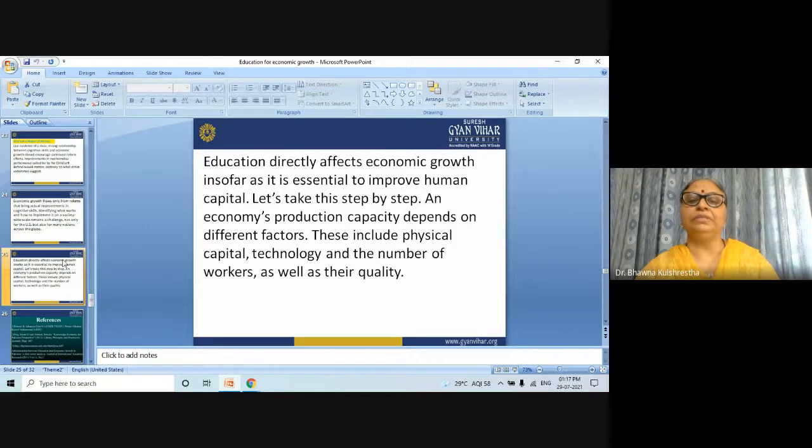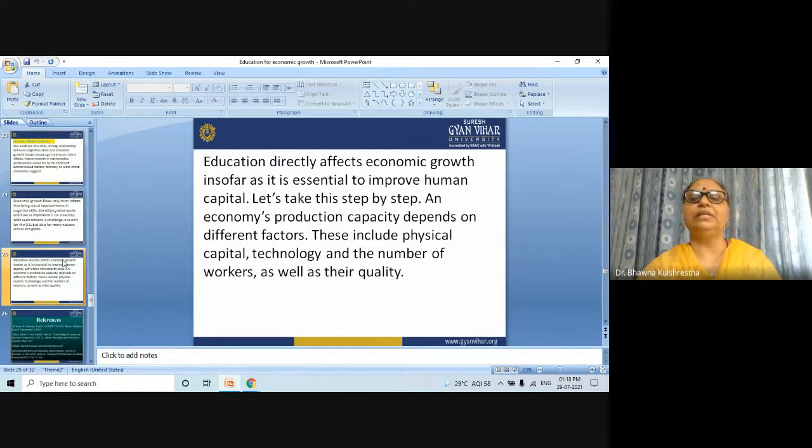An economy's production capacity depends on different factors. These include physical capital, technology, and the number of workers, as well as their quality.